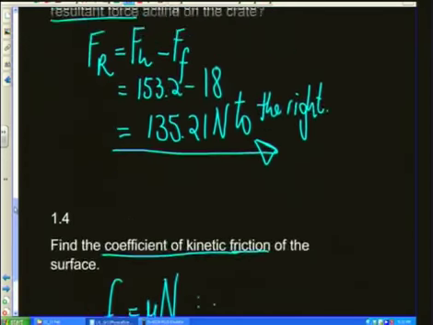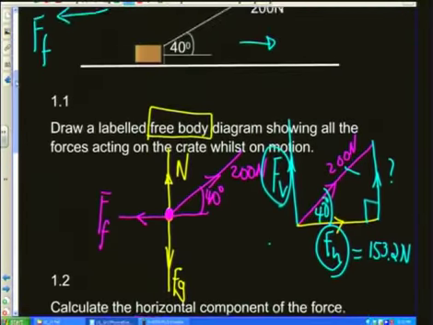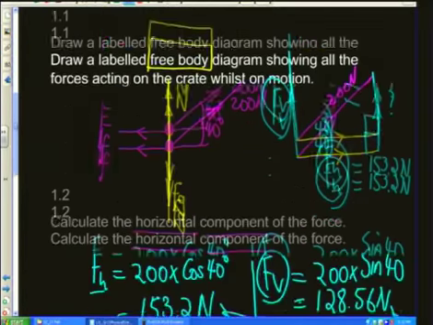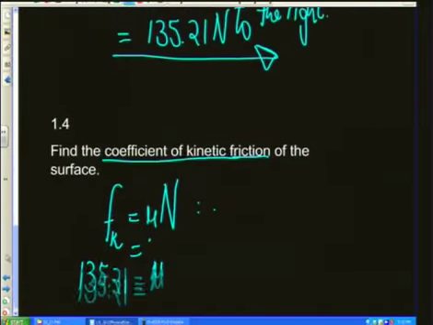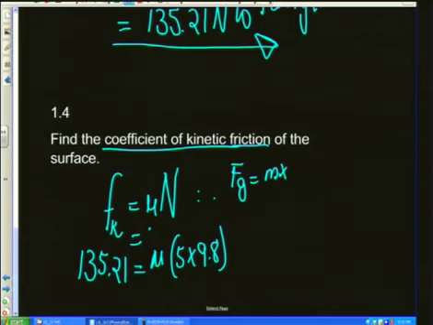What is the mass of the block? The mass of the block is 5 kilograms, so you put it down as 5 times 9.8, because Fg is given by mass times gravitational acceleration.